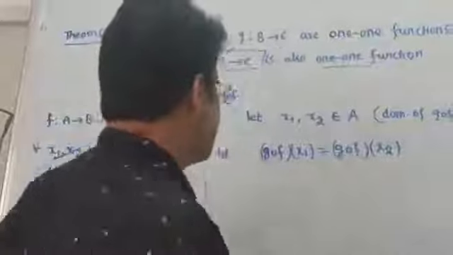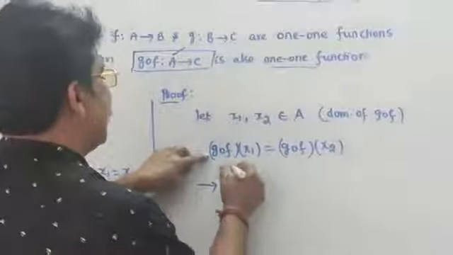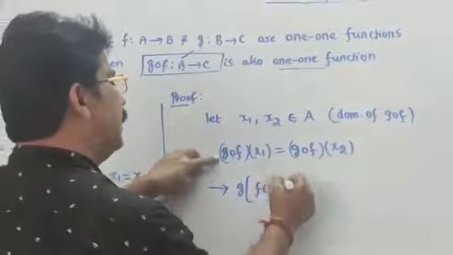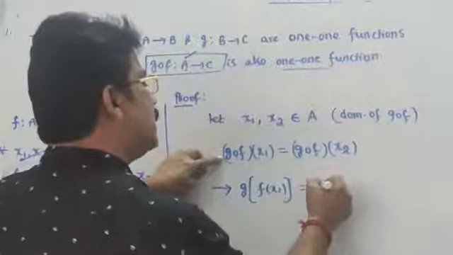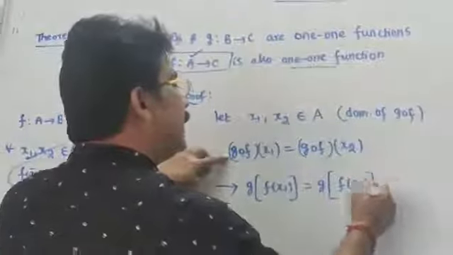Next, that implies G circle means only one bracket, maintaining the bracket, that's all. That is equal to G of f of x2.